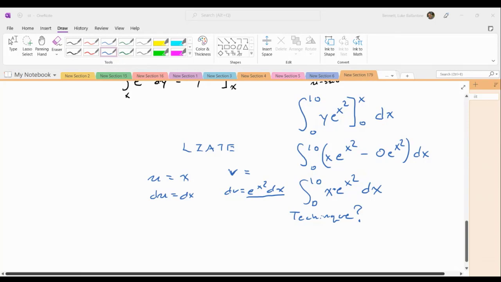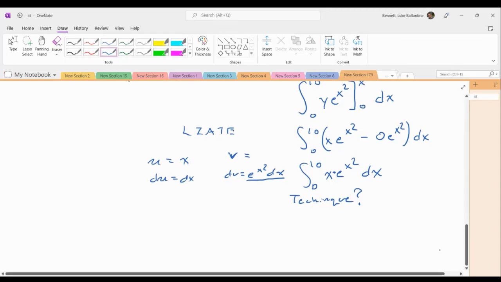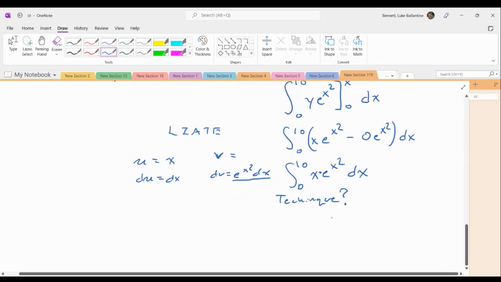So there's actually an easier technique to use. What's the technique we learned before integration by parts? I think there was only one before integration by parts. Let me list all the techniques, and you can choose.